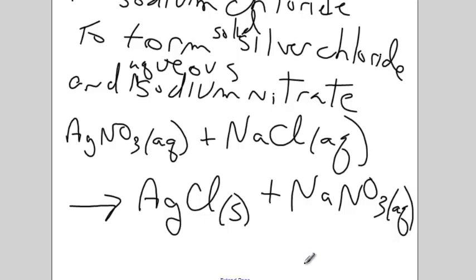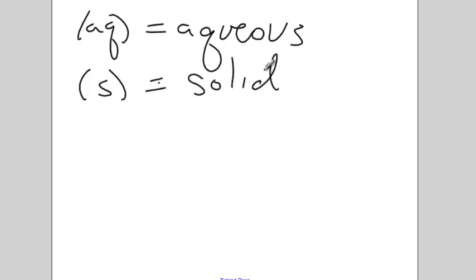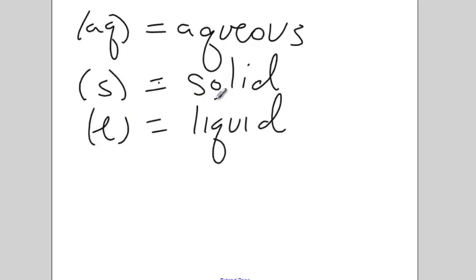Now there are some other symbols you might see. So to recap, aq, aqueous. It's a solution in water, necessarily in water. S means solid. L means liquid, though as I say, not very often do you have a liquid. Water is about the only liquid you usually see.